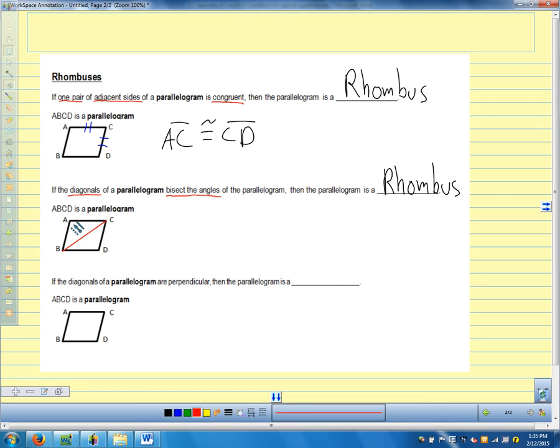Cutting them in half. So if I were to mark this on my figure, that would make those two angles the same, and it would make these the same.